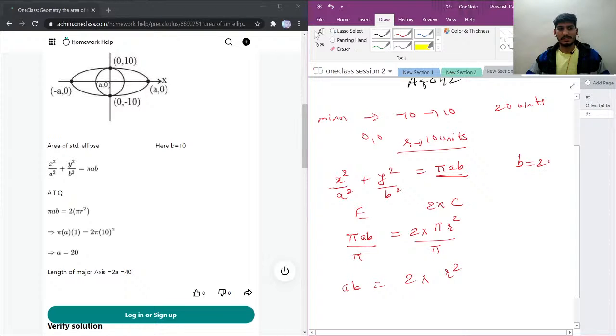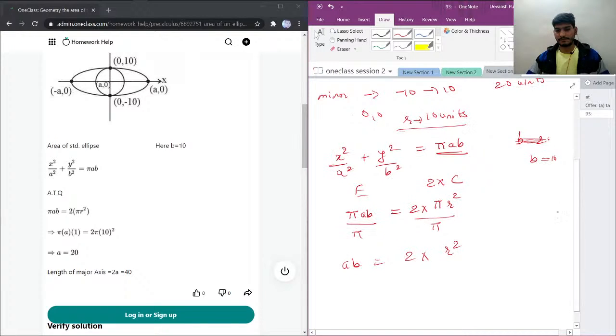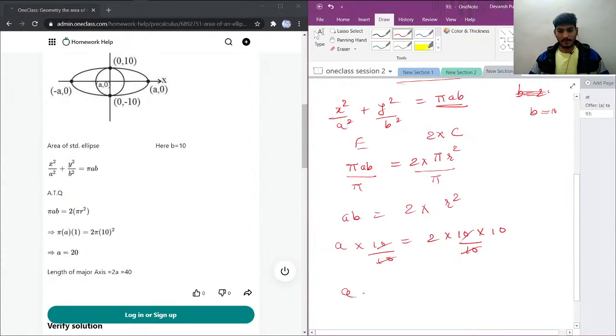This is plus B, this is minus B. Yes, B is going to be 10. So I write A into 10 equals 2 times 10 into 10, where 10 into 10 is the r square term. I can divide both sides by 10, and then my A will be 2 times 10, which is 20, and my major axis is 2 times A. So 2 times 20 will be 40.